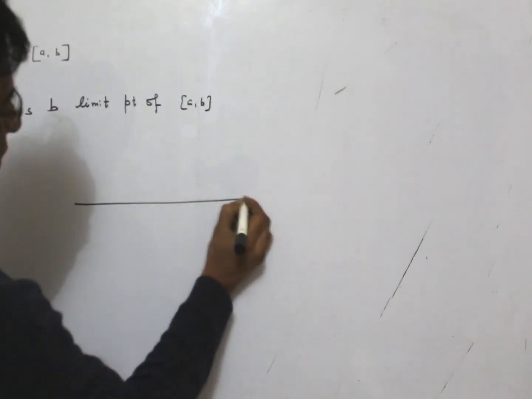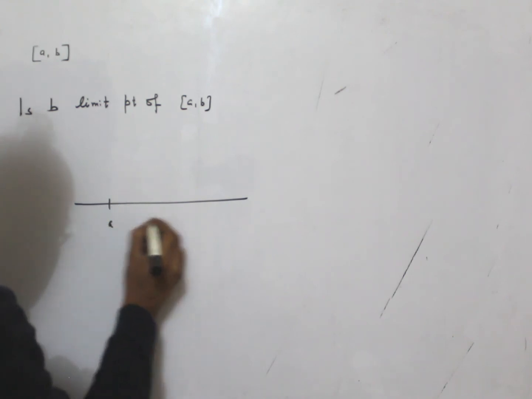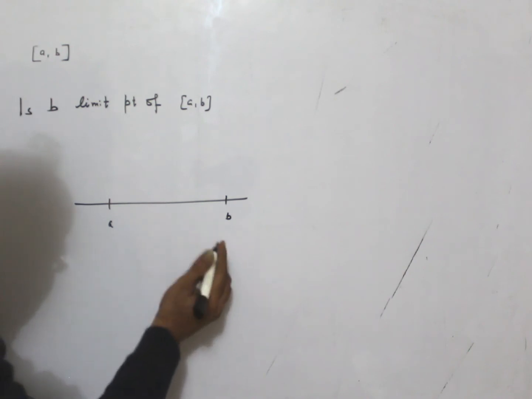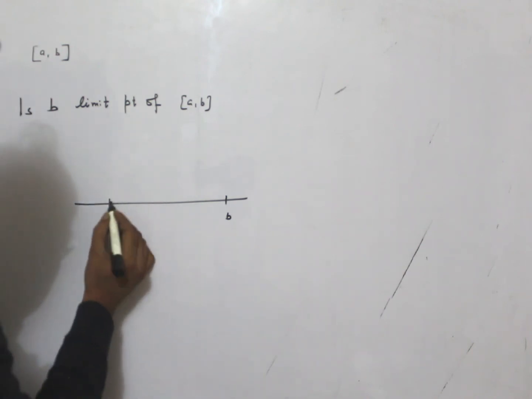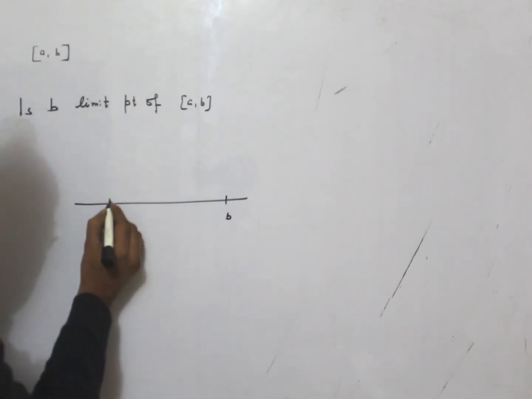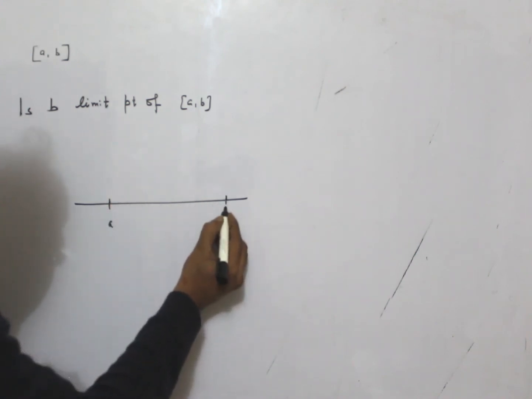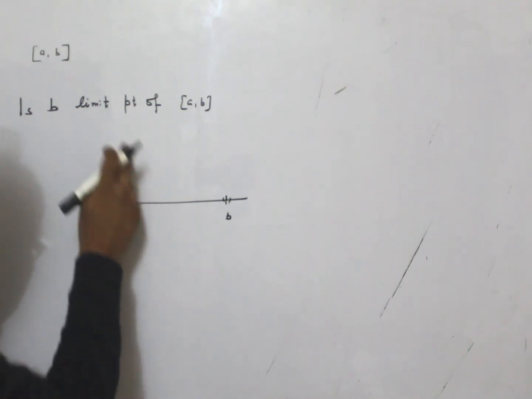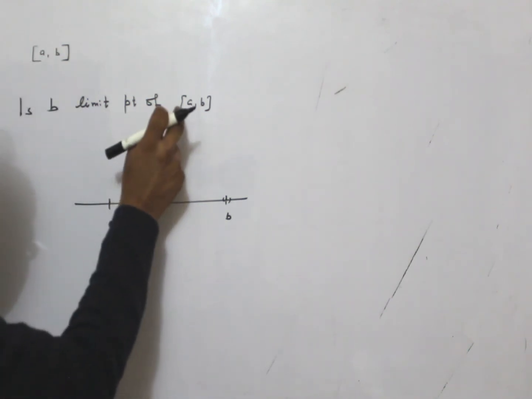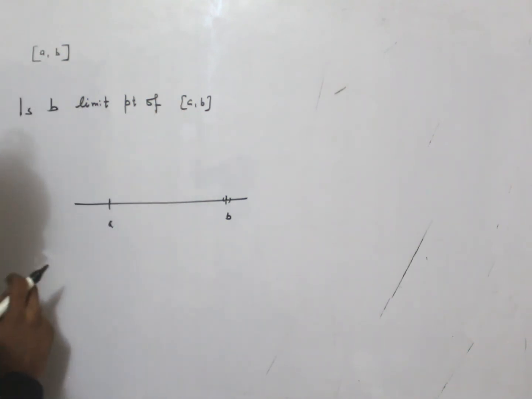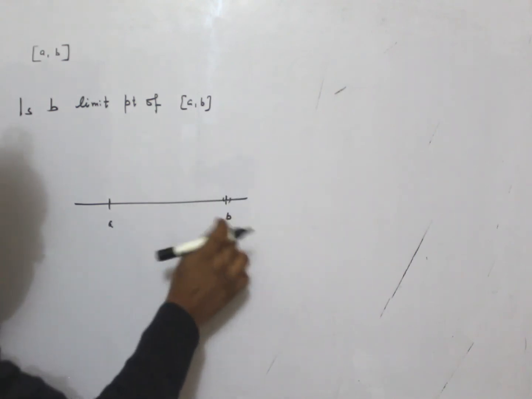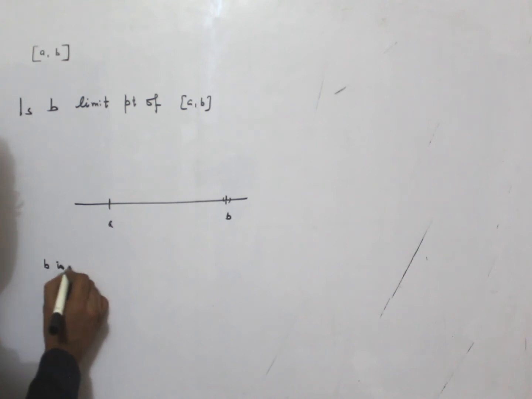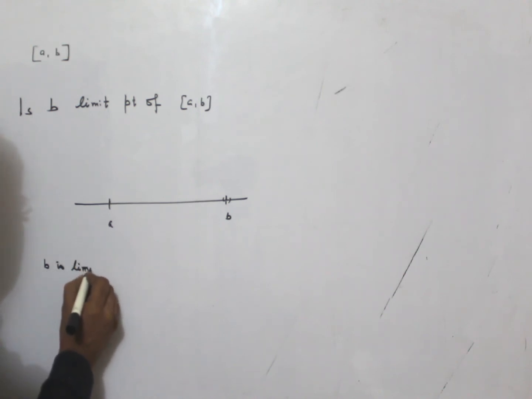So obviously this is A, this is B. If I draw any neighborhood around B, since the points of this interval run from here to this point, any small neighborhood I draw around B, I always find some point of this interval AB in the neighborhood of B. That means B is a limit point.